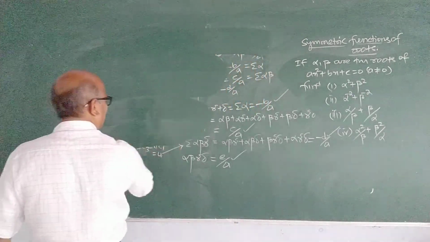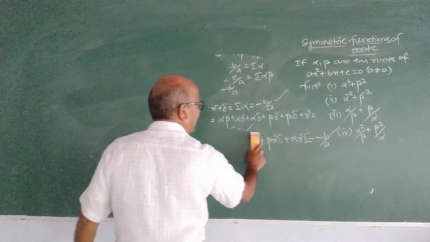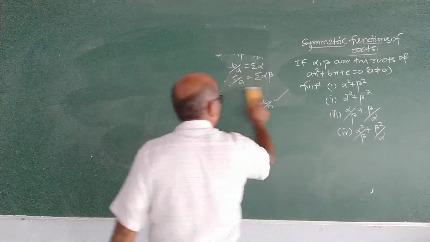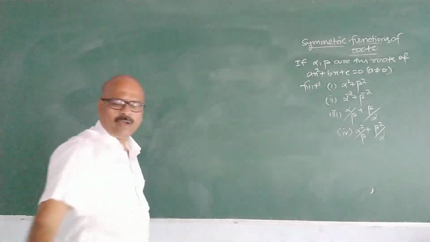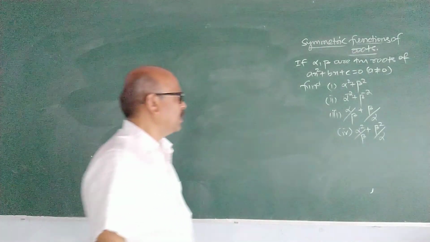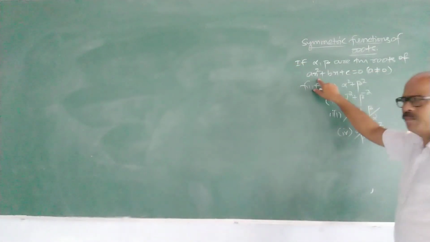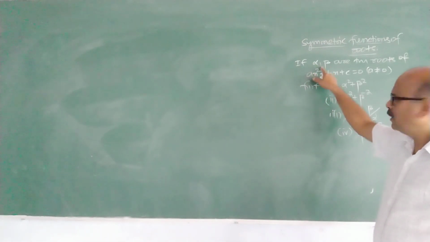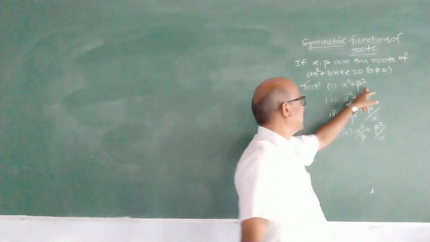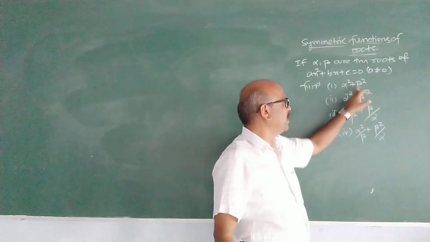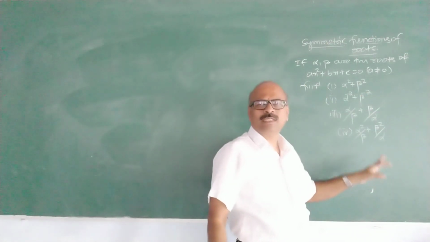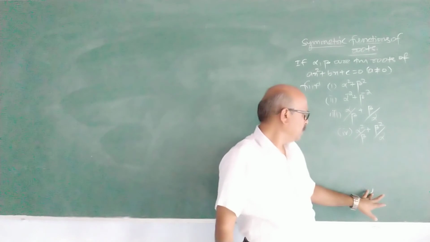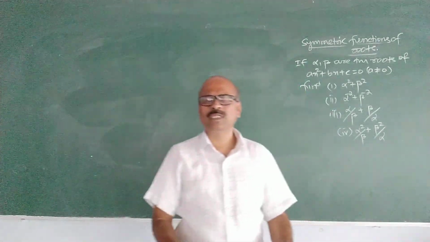What do you mean by symmetric functions? Symmetric function means the expression doesn't change if the roots are changed in the cyclic order. What is the equation? Quadratic equation. How many roots are there? Two roots, alpha, beta. If we replace alpha by beta and beta by alpha, the expression doesn't change. Now, how to find the value of these expressions?